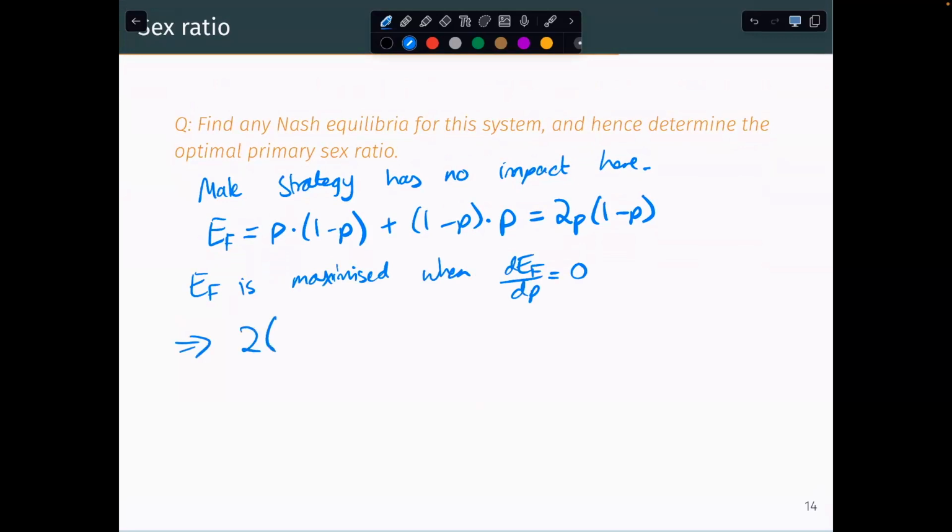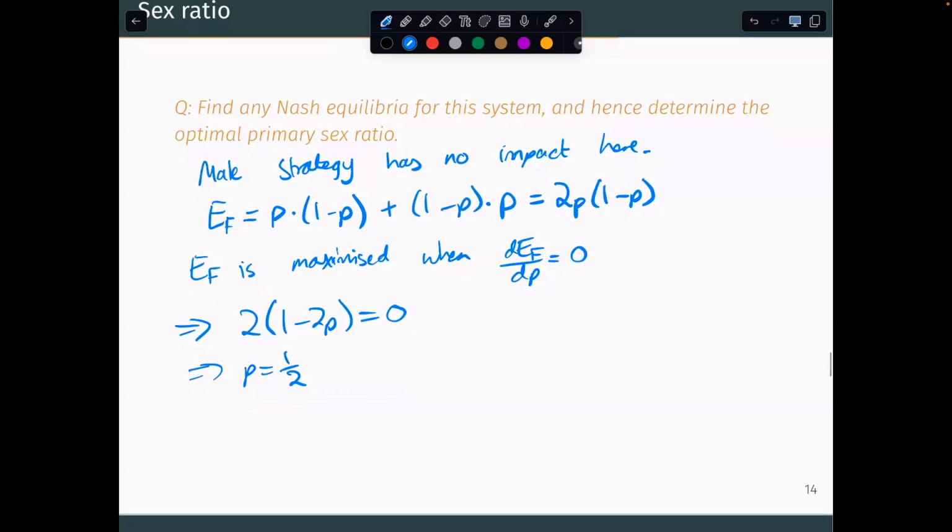In other words, 2 times 1 minus 2p is equal to 0, or p is equal to a half. So the optimal primary sex ratio here falls out of the payoffs. P is equal to a half.